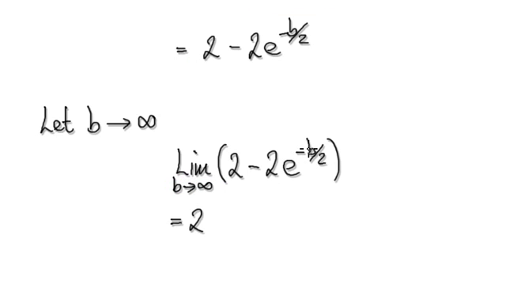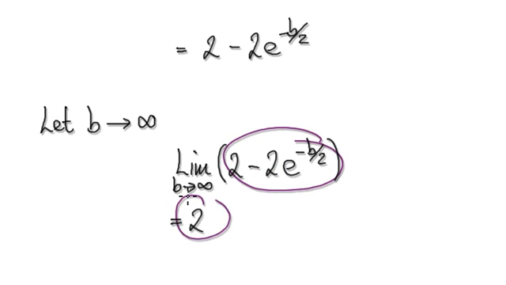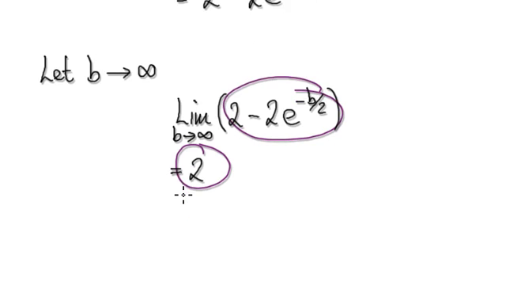As B tends to infinity, this bit here will head towards 0, and then 0 times 2 would be 0. So as B tends to infinity, the whole thing here will be 2. So the whole area will be 2.